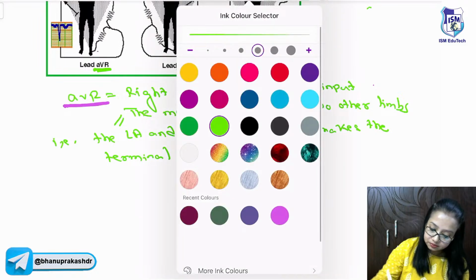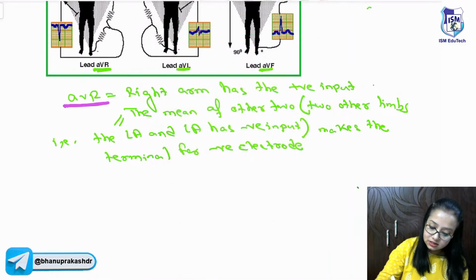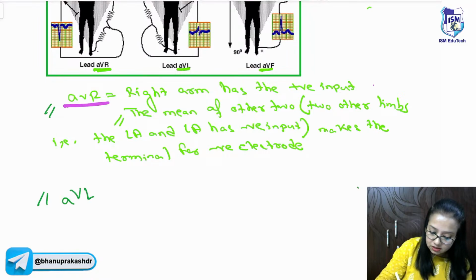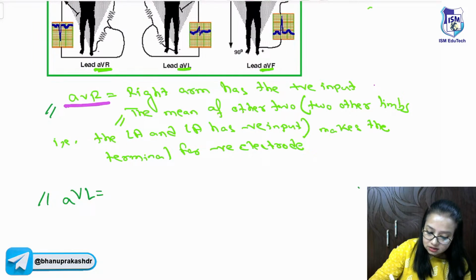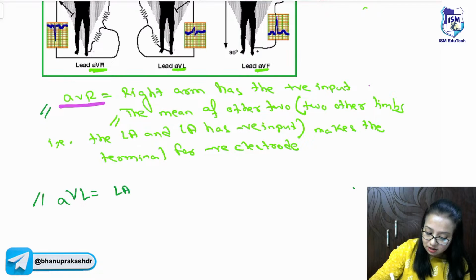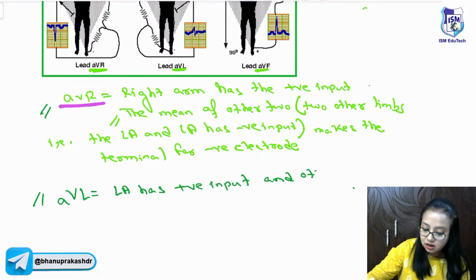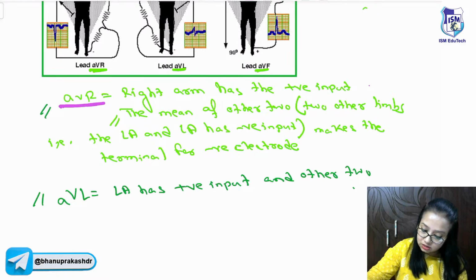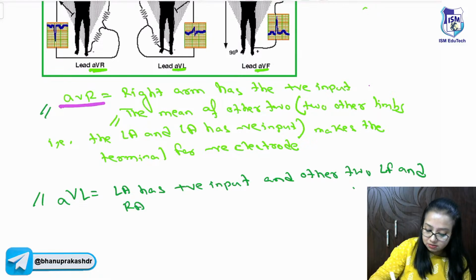Second one is the AVL. Here, as you can see, the left arm has positive input and the other two, just like how I described in the AVR, that is the left foot and right arm, have negative.